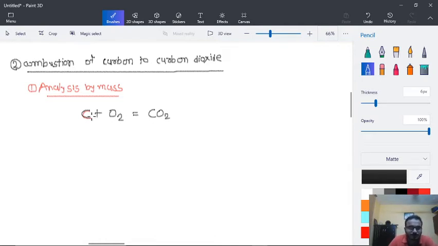So here if we count the value of mass, then we have 12 plus 2 times 16 is equal to 12 plus 32, so this will result in 44.